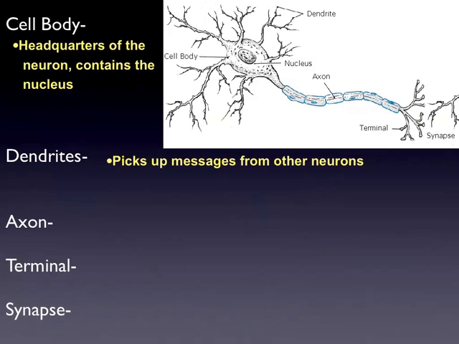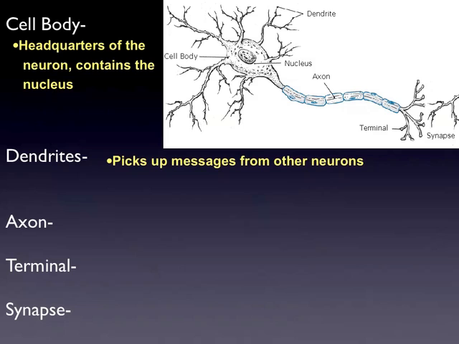Each of these tiny branches could be connected to other neurons. And so we have this very, very intricate network of neurons, all interconnected. That allows information to be passed from one place to another, for information to be interpreted in our brain and so forth. So those little branches are the dendrites.